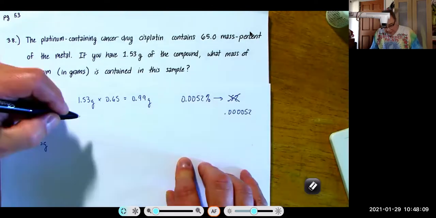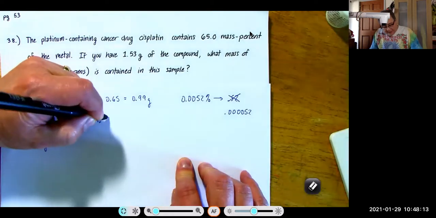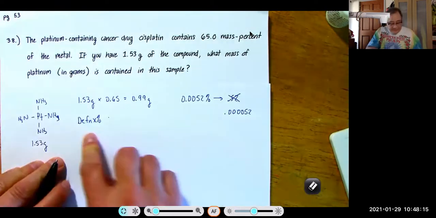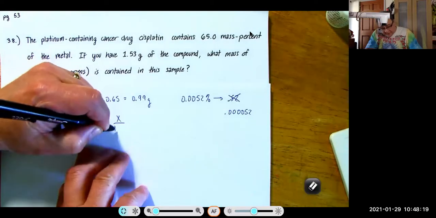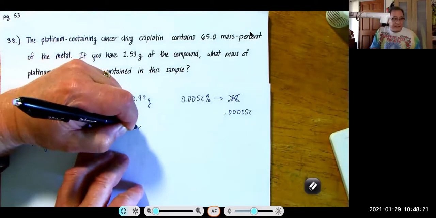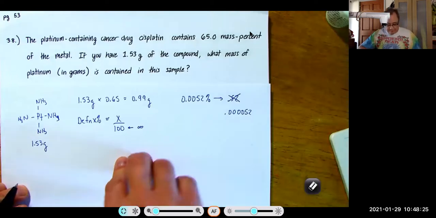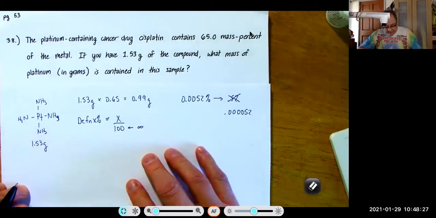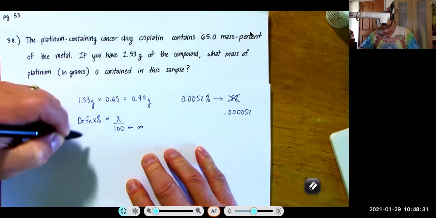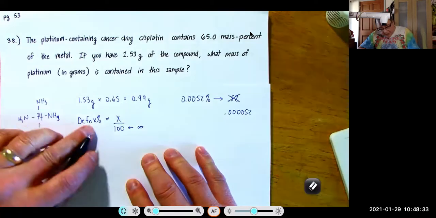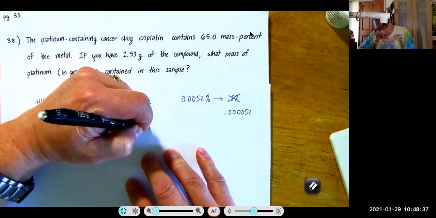So I'm going to give you the definition of percentage. And it's going to be the definition of X percent. That's equal to X over 100. And this 100 has infinity significant figures because it's defined. Okay. Furthermore, the X represents the part and the 100 represents the whole.